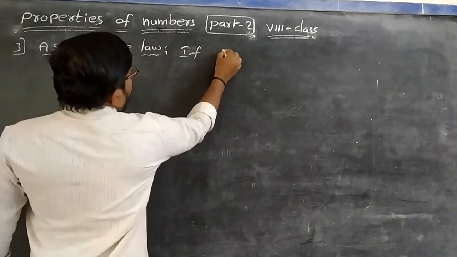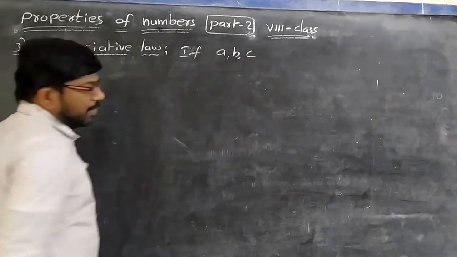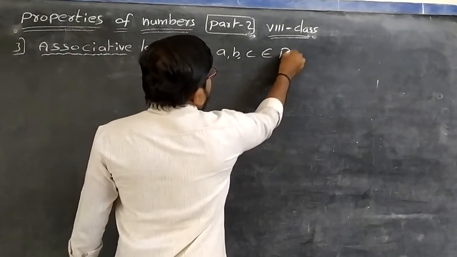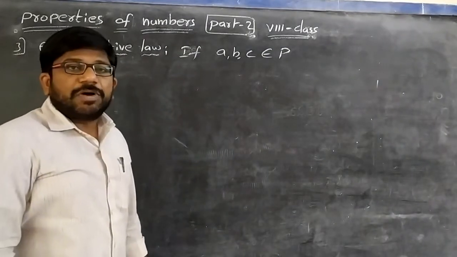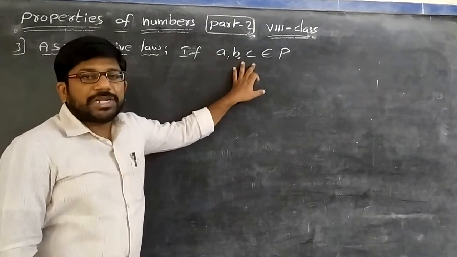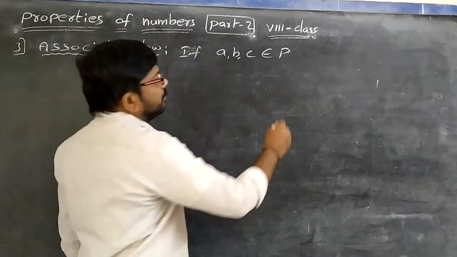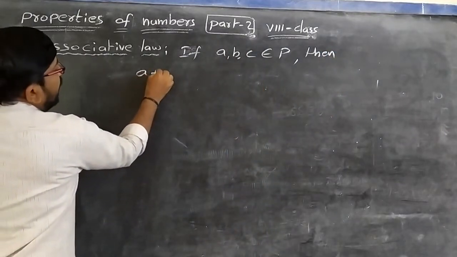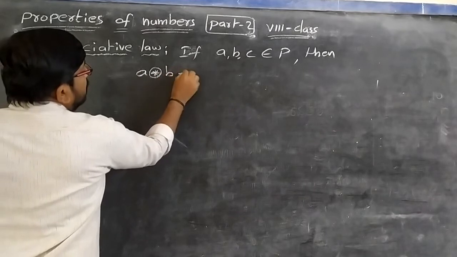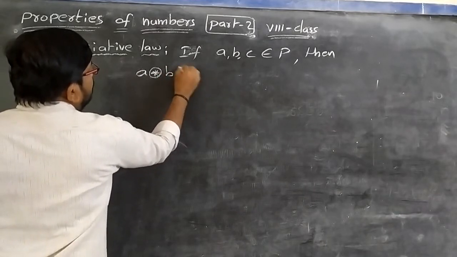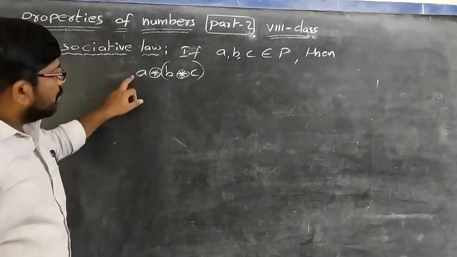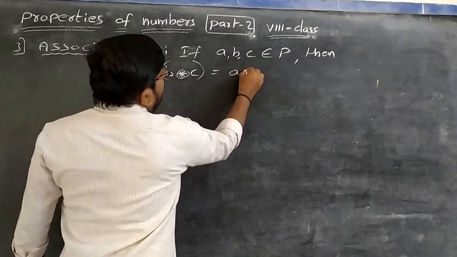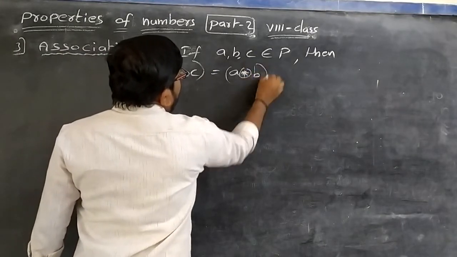If A, B, C, three numbers, belong to set P, where P is any set of numbers, then (A star B) star C is equal to A star (B star C).